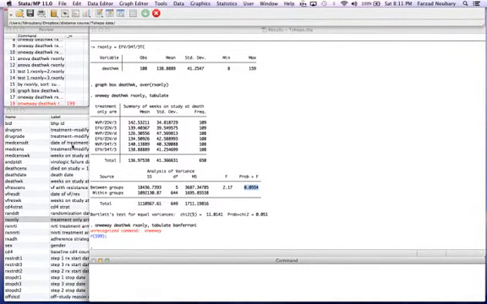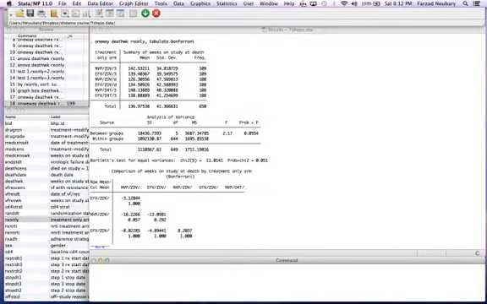Whoops, I spelled that wrong. I apologize. It's one way. One way death week Rx only, comma, tabulate Bonferroni. Okay.